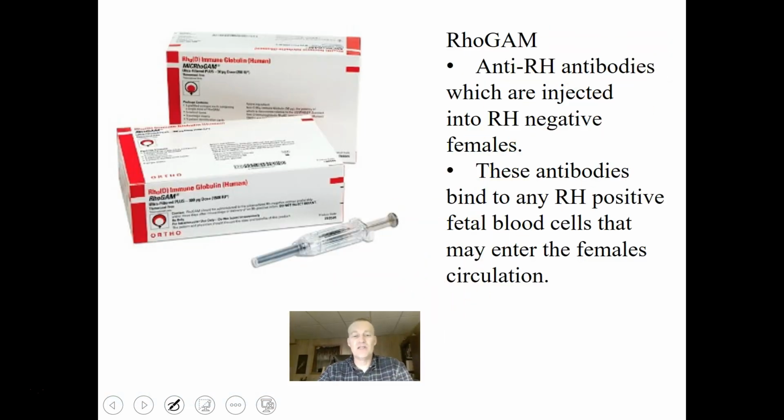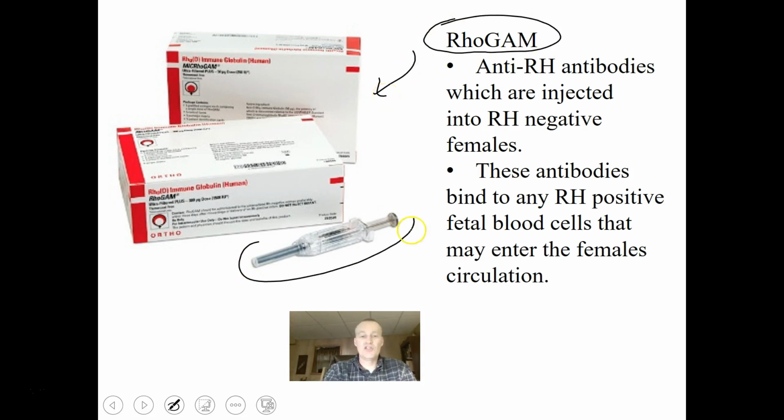We can do blood testing for the mother. If the mother is tested as Rh positive, there's no problem. If the mother's tested and she's Rh negative, then that could be an issue. RhoGAM comes in a package like this. It's injectable, and it's essentially anti-Rh antibodies that they extract from people, and these are injected into the females who are Rh negative.